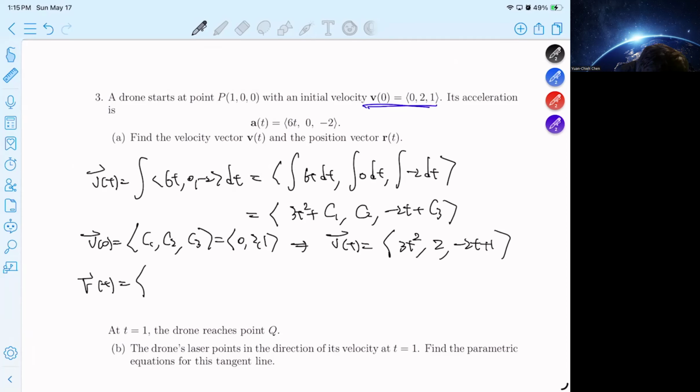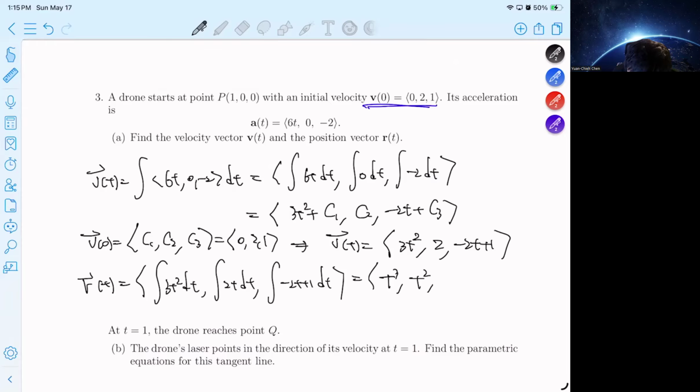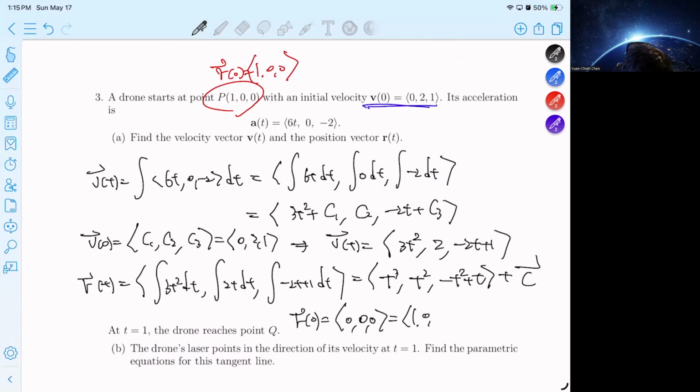This is t to the power 3, 2t, and negative t squared plus t. Again, we need to plus a vector c. But now we also have r(0) is (1, 0, 0). So we plug that in: r(0) is (0, 0, 0) plus c, which equals (1, 0, 0).